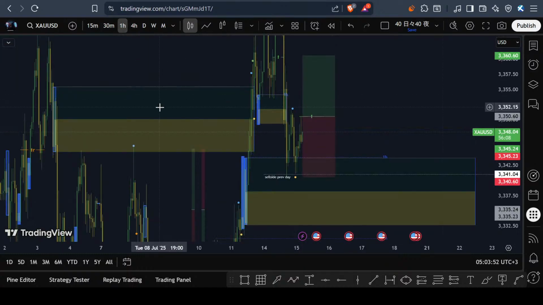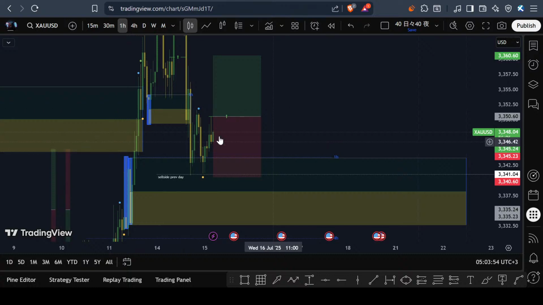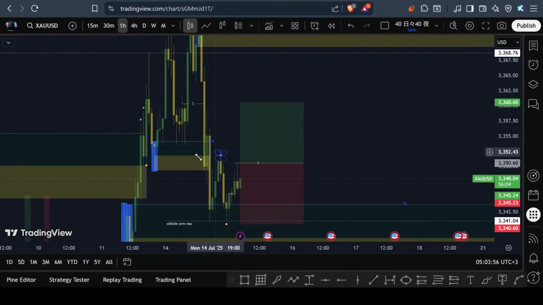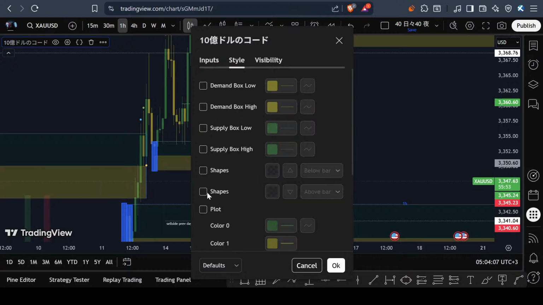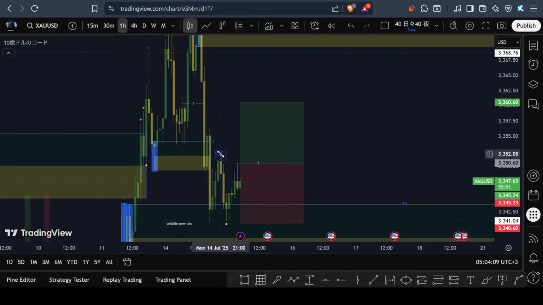Looking at the 1 hour again, this is a high here. How do I know that? I can literally use these shapes to identify the high. You see this high, we have a high here.